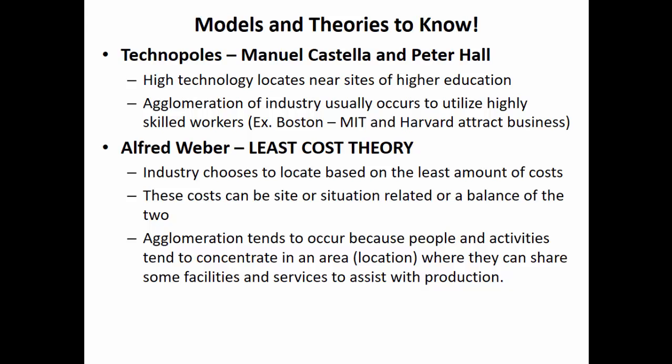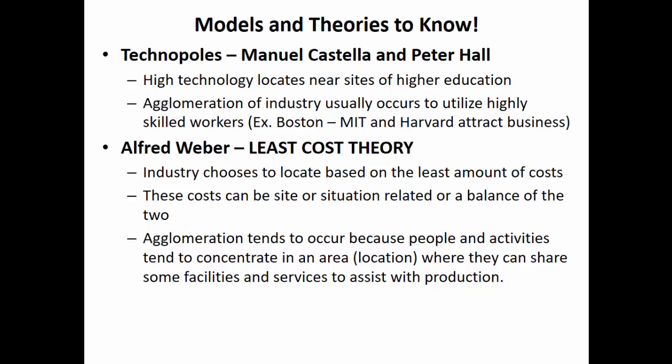Again, Silicon Valley and San Francisco, the Bay Area, is a technopole, thanks to Stanford and Berkeley. The Research Triangle is a technopole. Again, just taking advantage of certain workers, just pointing out that sometimes site factors matter more than situation factors do. Most companies tend to locate mostly because of situation, and then after that, site comes into play. But sometimes site is more important in terms of the needs of your company.